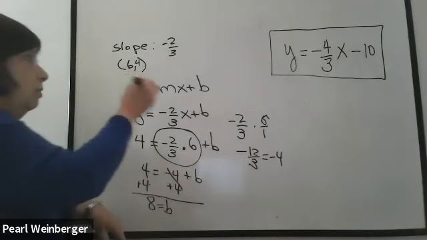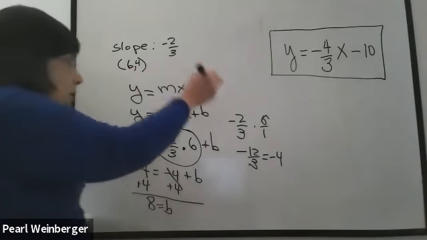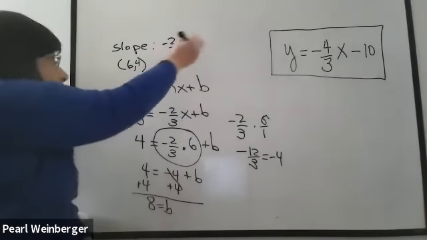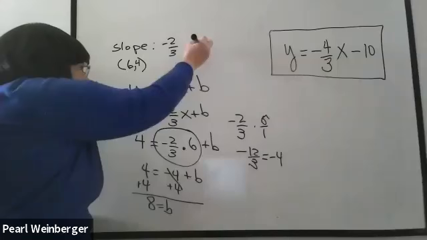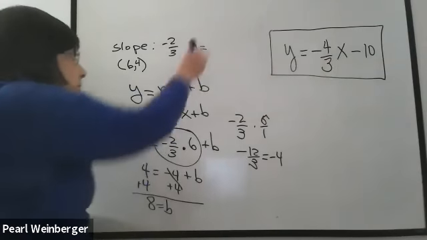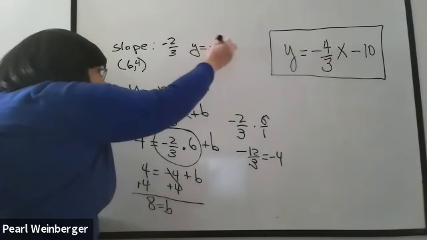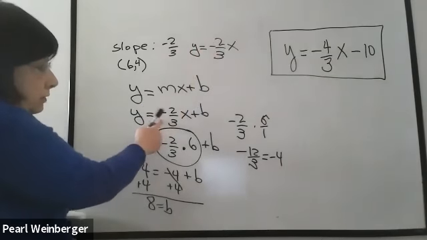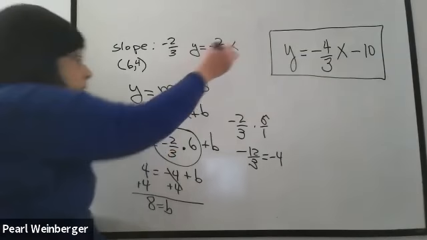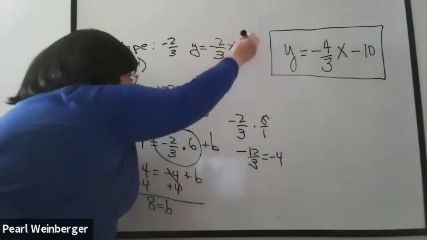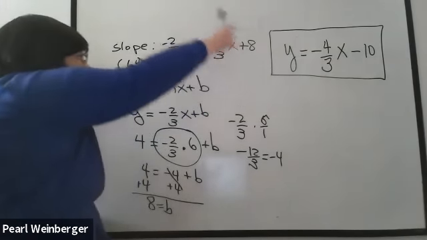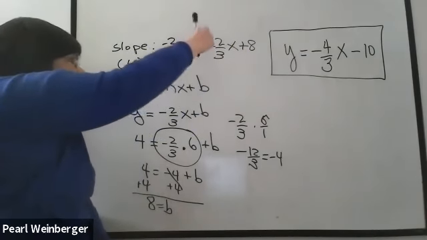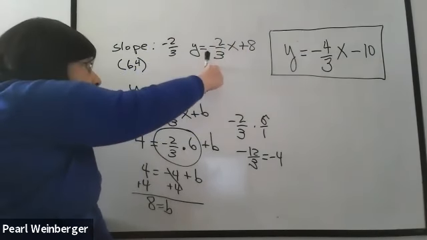So now I know my equation. My equation of my line is y equals, now I put in the -2/3 x because I have to put in the slope, plus 8. And I have to write this whole thing out. y equals -2 divided by 3.